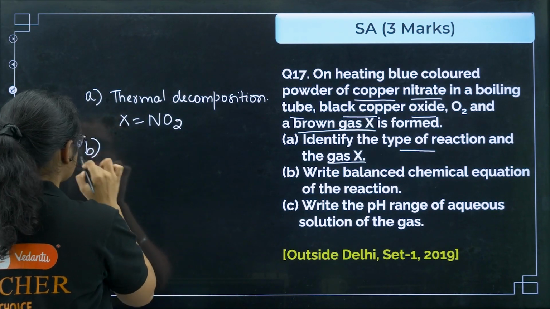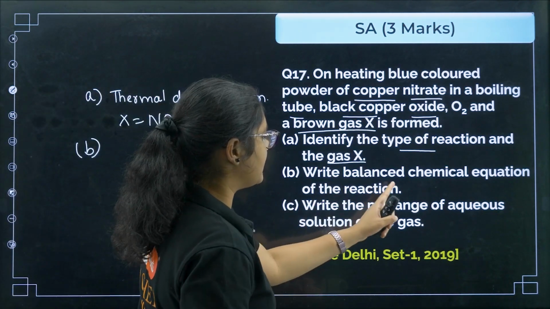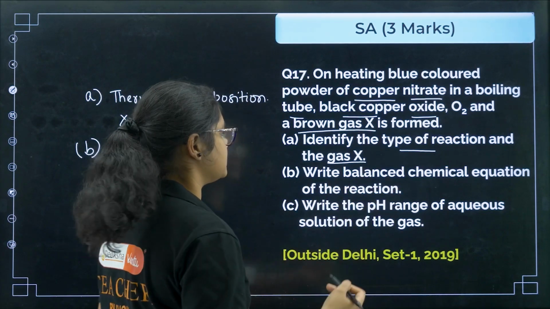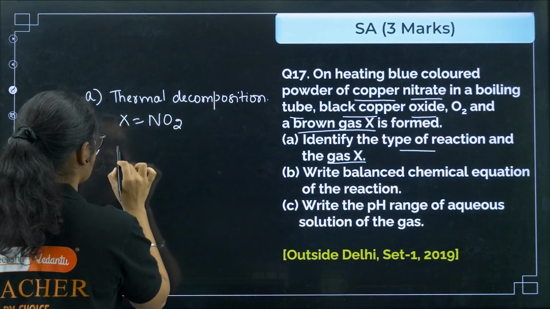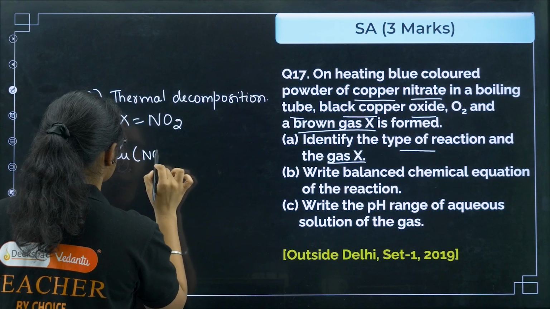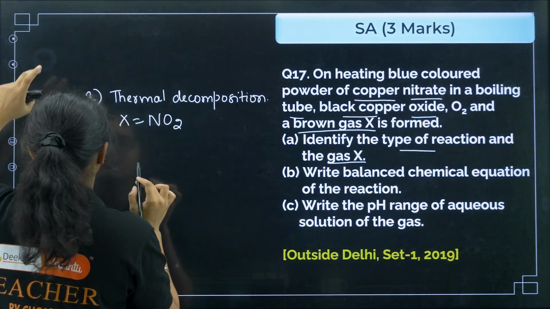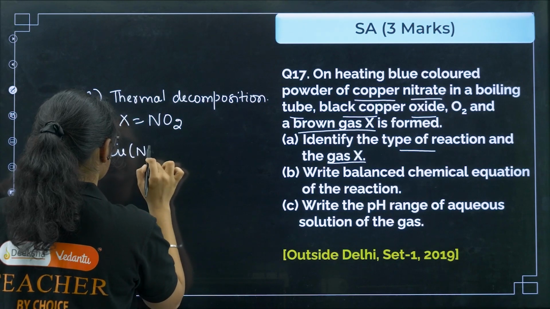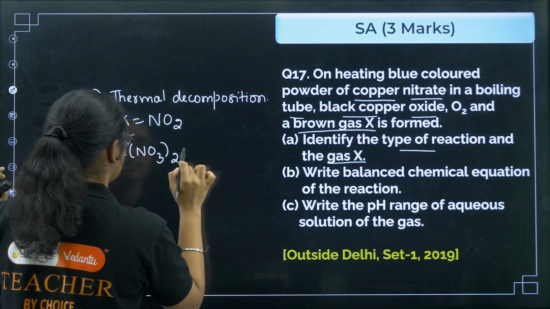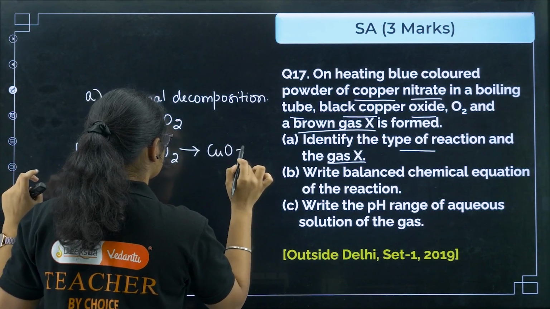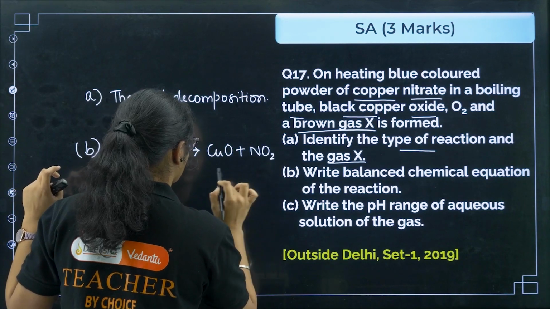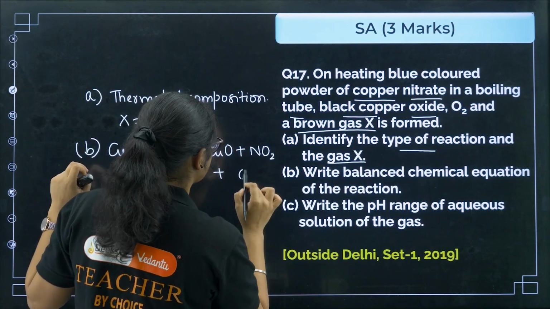Next, write the balanced chemical equation for the reaction. So you have to write the decomposition reaction of copper nitrate. Copper nitrate will decompose to give copper oxide plus NO2, and they have told you oxygen gas is produced.